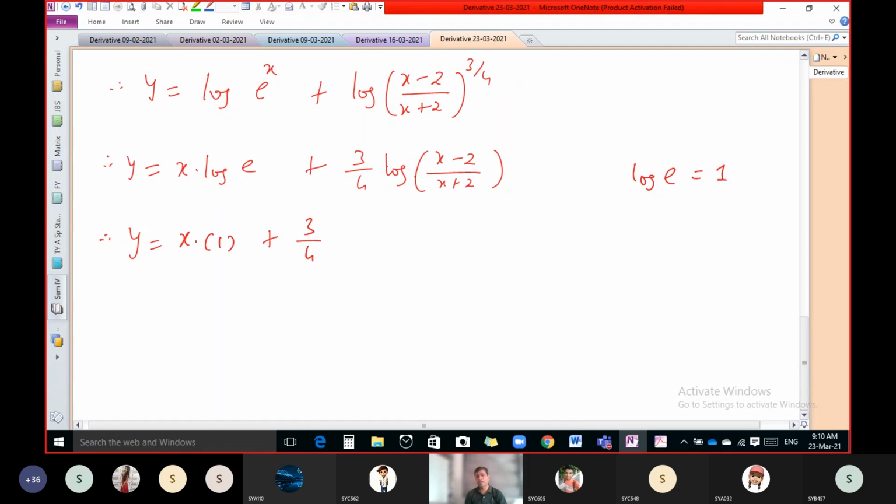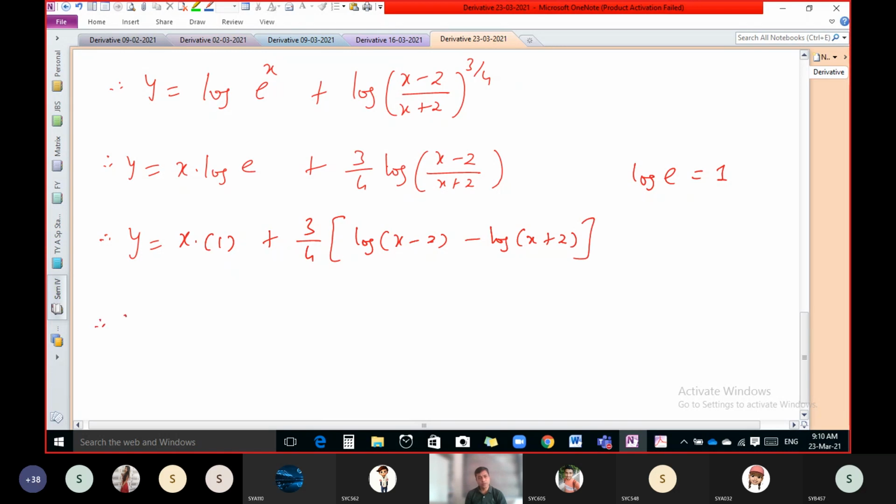Now tell me the simplification of this: log(m/n) is log m minus log n.